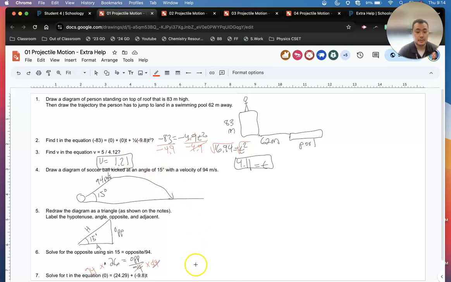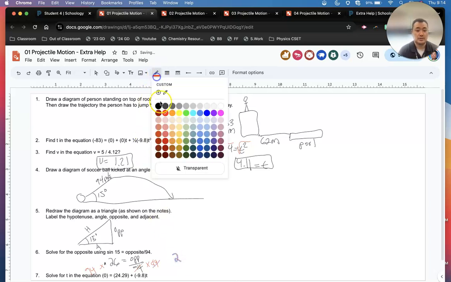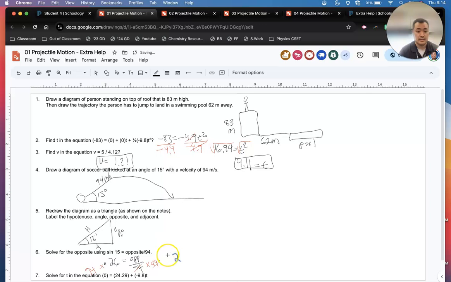That is correct. And that's how you solve for questions that are sine, angle. Any angle. 24.44 equals opposite.